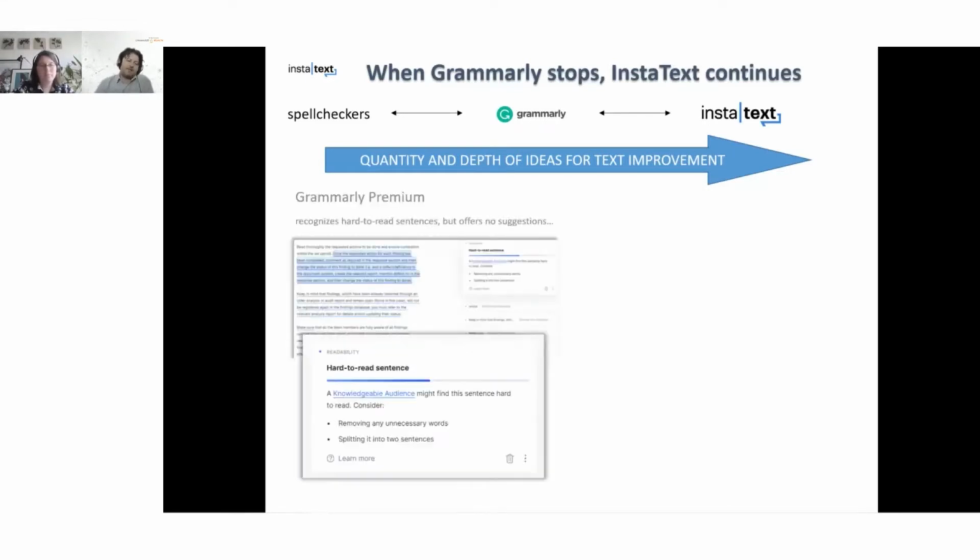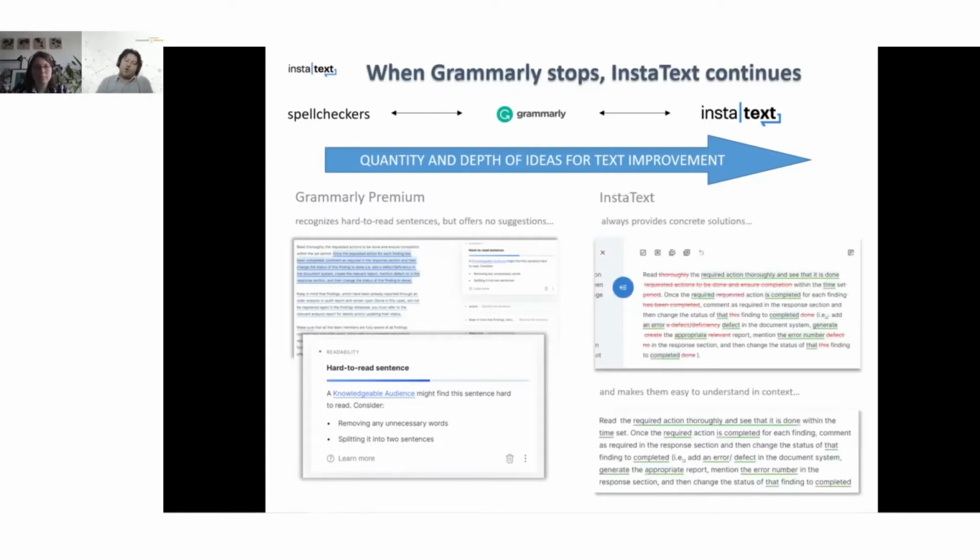For example, Grammarly Premium sometimes says "hard to read sentence," and this happens quite often to non-native speakers, without actually giving suggestions on how to improve the text. But InstaText will always come up with suggestions and also make them easy to understand in context, so you can see the entire paragraph and what follows next, and with interaction with the tool, you'll be able to make your text really sound good to native speakers.